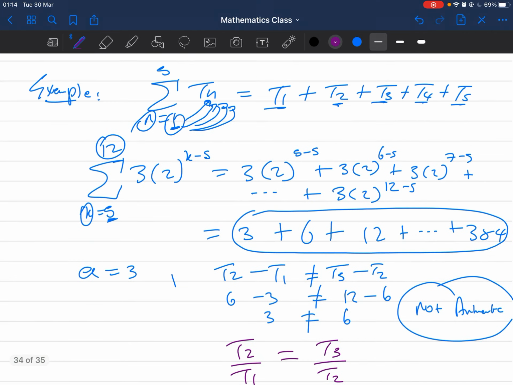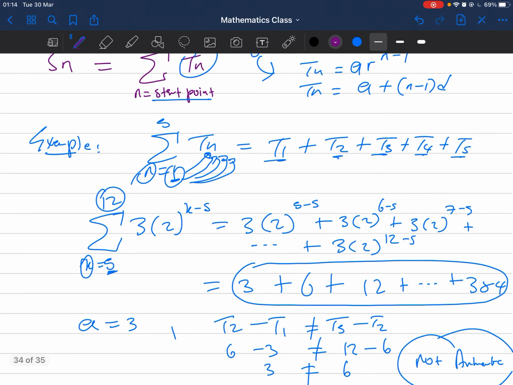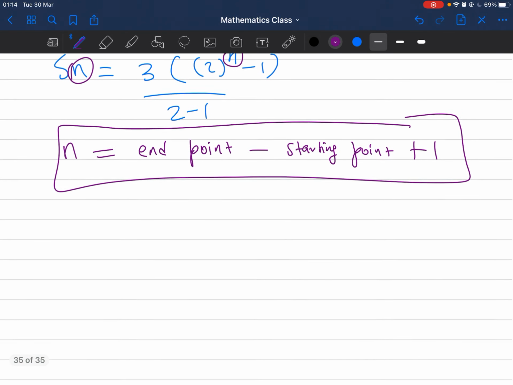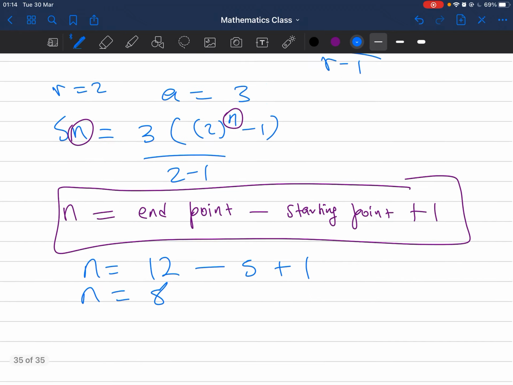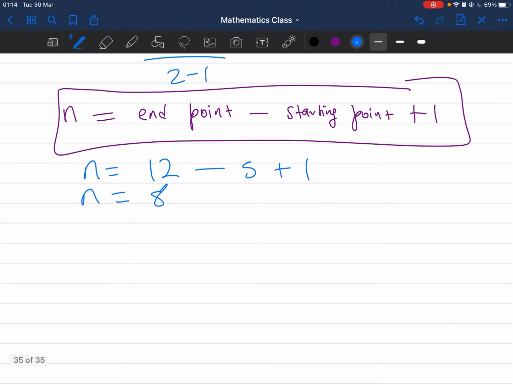So what is your end point? Your end point is 12. Your starting point is 5, plus 1. So your n is 12 minus 5 plus 1, which is 8. Your n is 8.